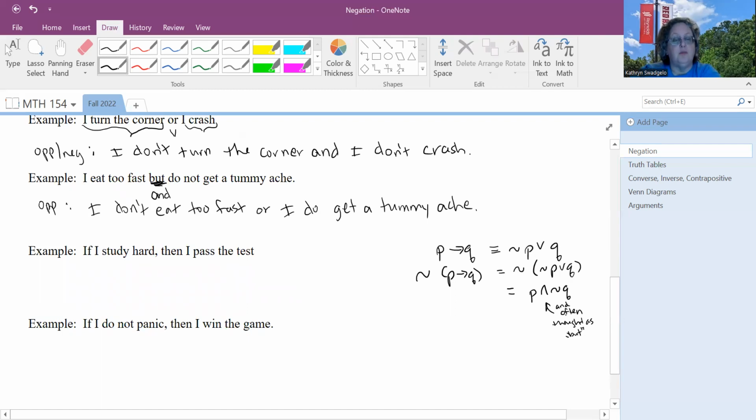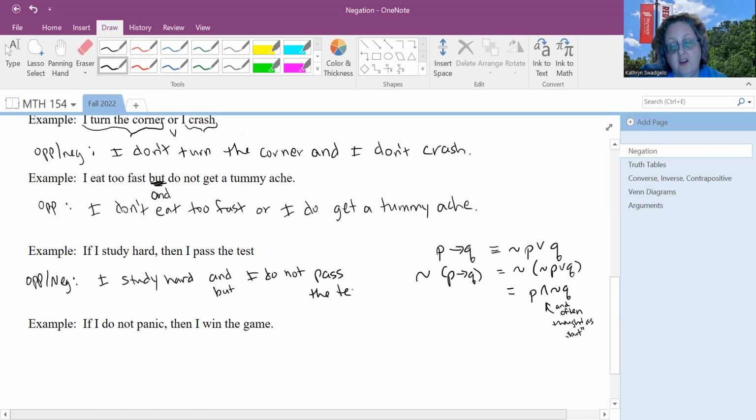So look at this example. If I study hard, then I pass the test. So the opposite, or the negation, however you want to call it, is I do study hard, and, or if you want to put, but, I do not pass the test.